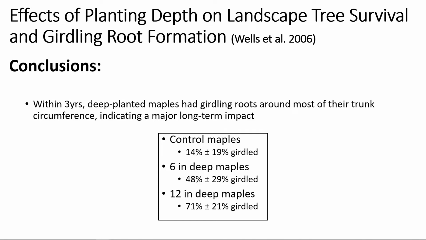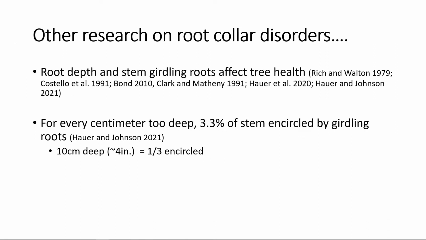So this shows a difference between the 2 species in the study, definitely, but also really points the finger at red maples. And you'll see that's a common theme throughout the rest of my presentation, where red maples really are highly susceptible to girdling root formation and really need to be watched for that.